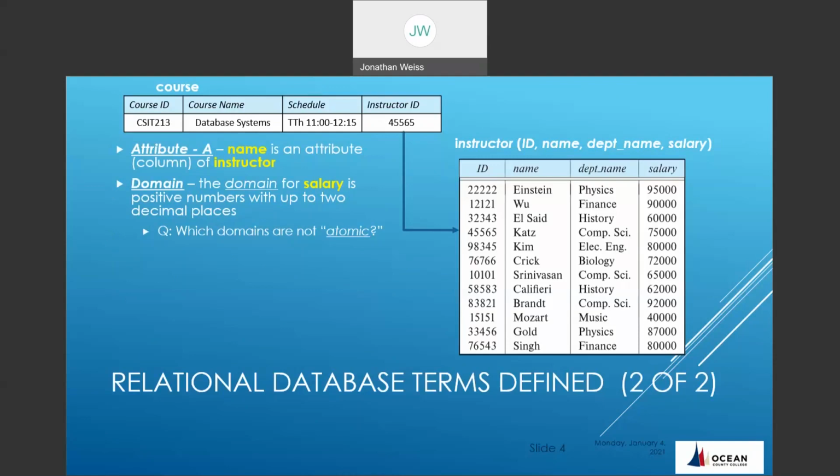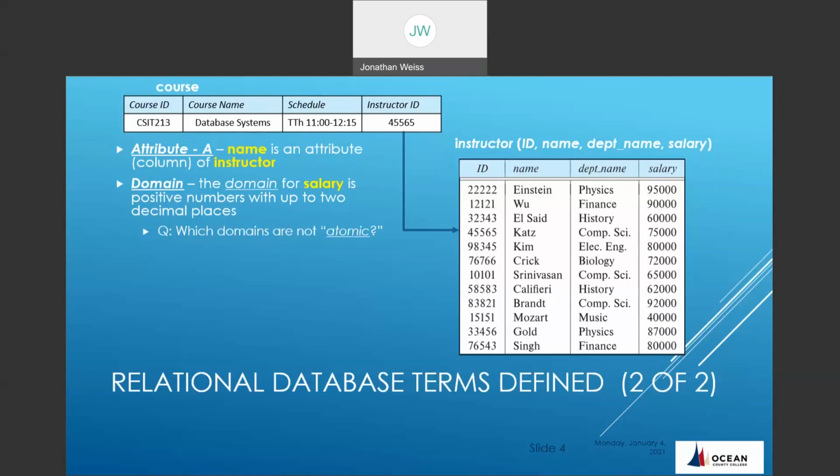All right, so let's look at course in particular and look at the attributes of course. What are the attributes of course? Can somebody tell me? Course name is one attribute of course. Yep. What are the other attributes? Course ID, schedule, and instructor ID.